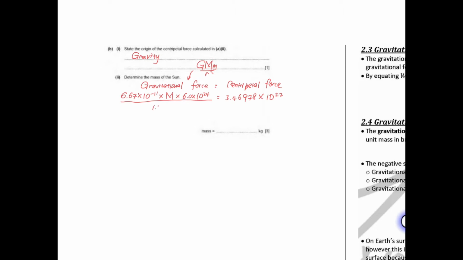This is also given, 1.5 times 10 to the power of 11, squared. And then we'll get the M by just moving around the values. Then you will get M as 1.95 times 10 to the power of 30. That is the mass of the sun.